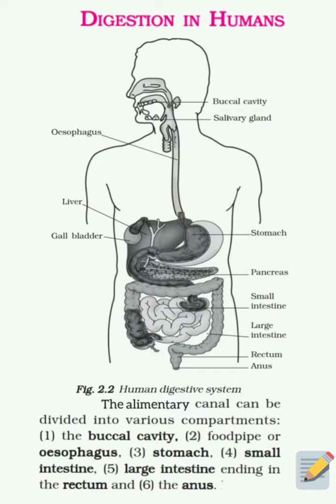The inner walls of the stomach and the small intestine and various glands such as the salivary glands, the liver, and the pancreas secrete digestive juices. The digestive juices convert substances of food into simpler ones. The digestive tract and the associated glands together constitute our digestive system.